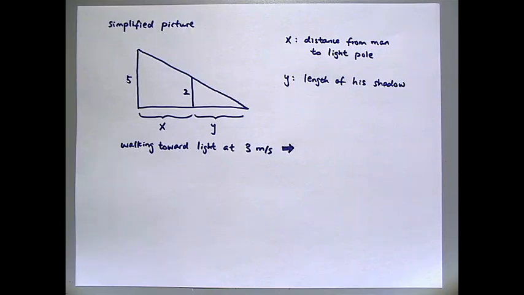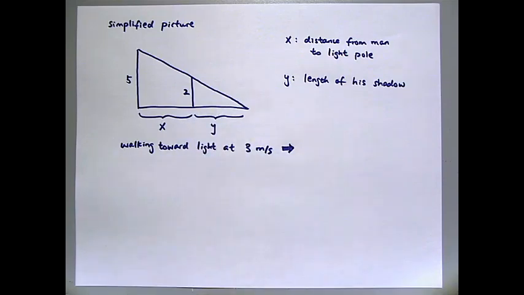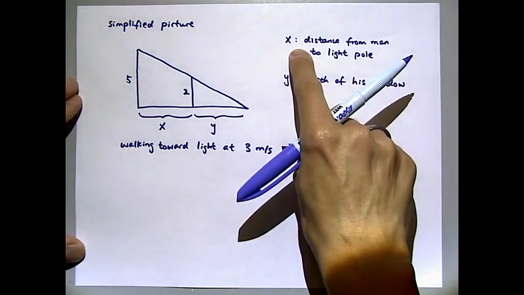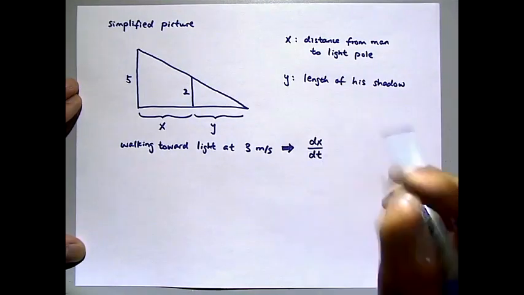Walking toward the light at 3 meters per second. How would you express that? One very simple equation. dx/dt is 3. Is the distance between him and the light getting bigger or smaller? Smaller. So what should the rate be? Negative. Good.